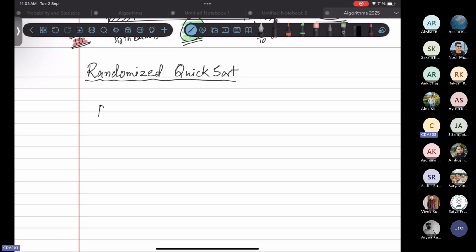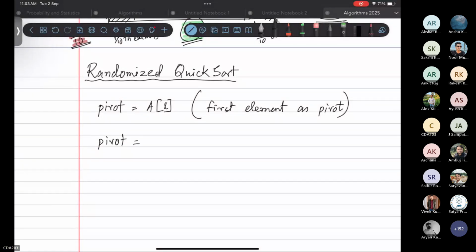If you recall, we said that we're going to take the first element as pivot. Rather than that, this time we are going to choose the pivot element, and let me write this sentence and then I'll explain.